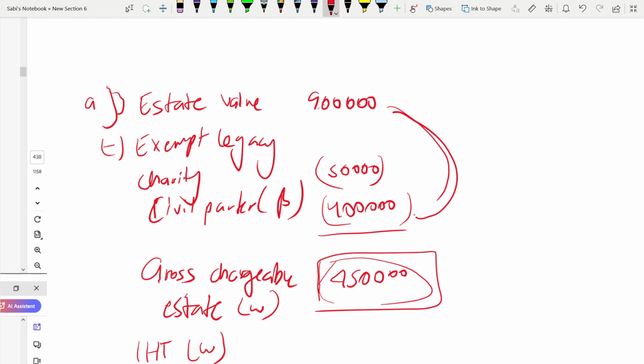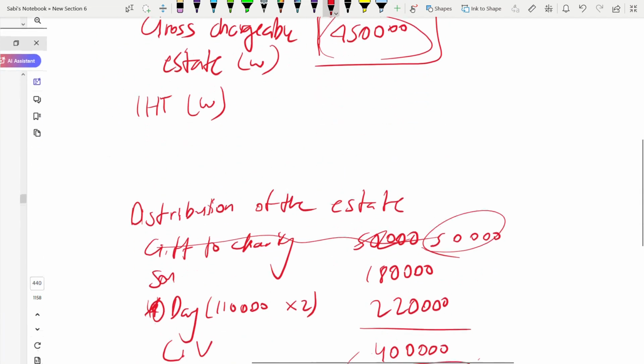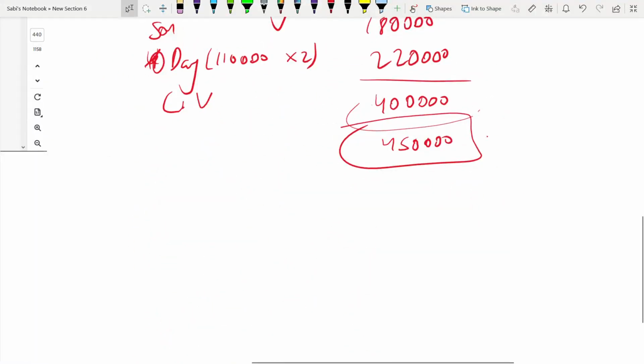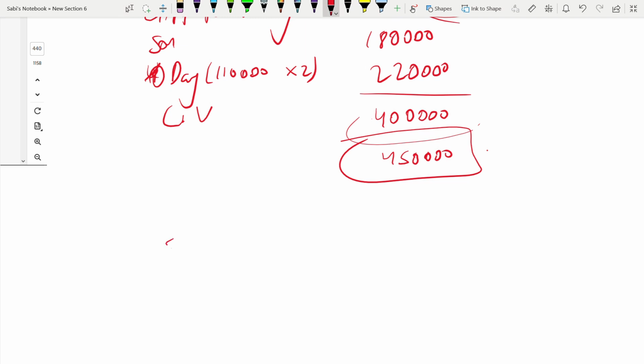Now, single grossing up, you have to do the working for IHT. Specific chargeable legacies.